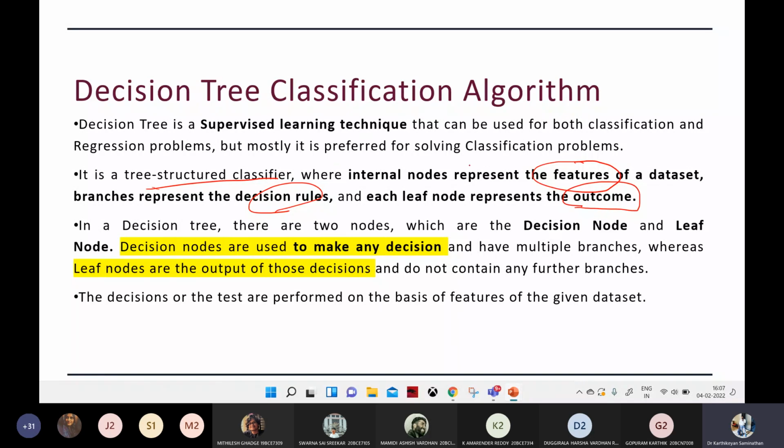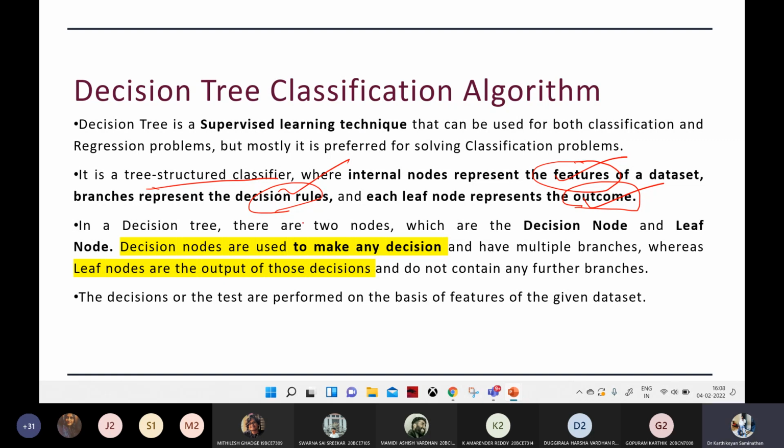All the internal nodes are features, your branches are decision rules, and leaf nodes are outcomes. The nodes which don't have children are called leaf nodes, and such nodes represent the outcomes, right?